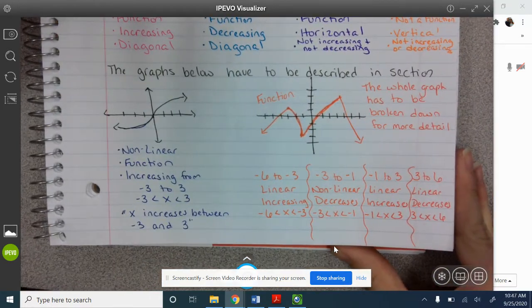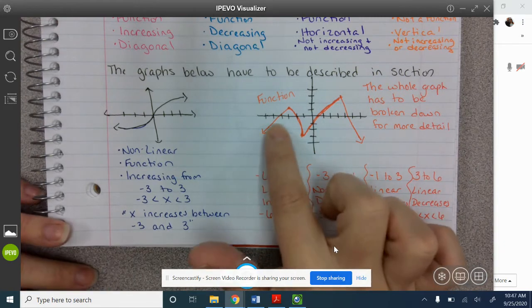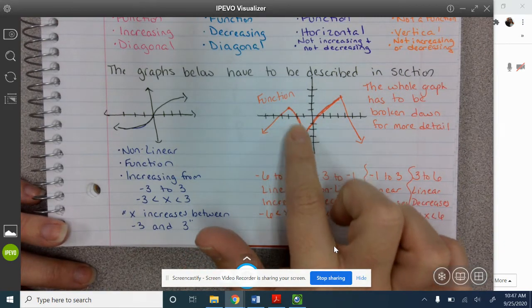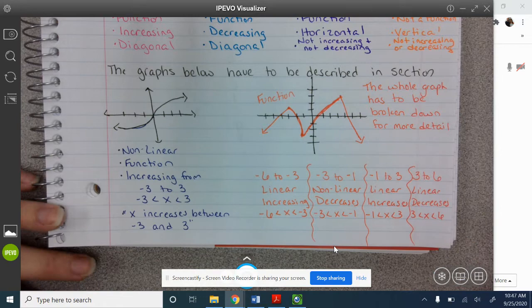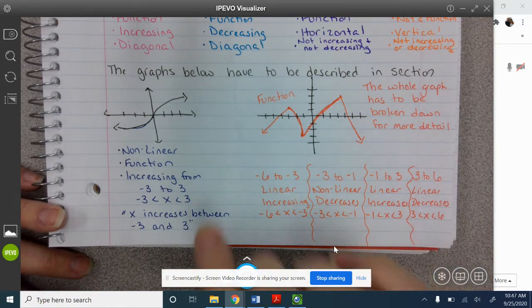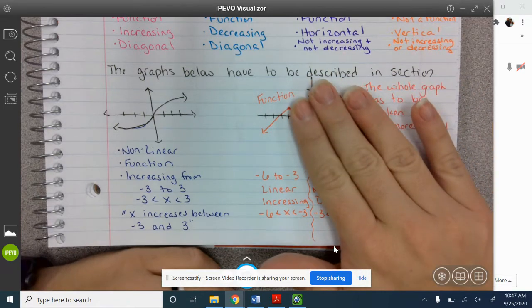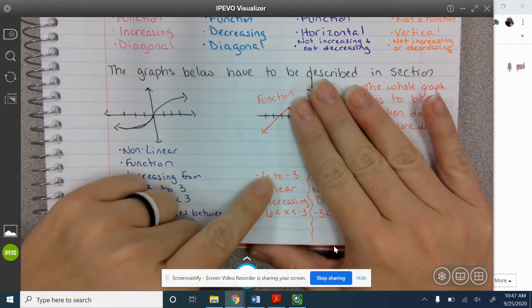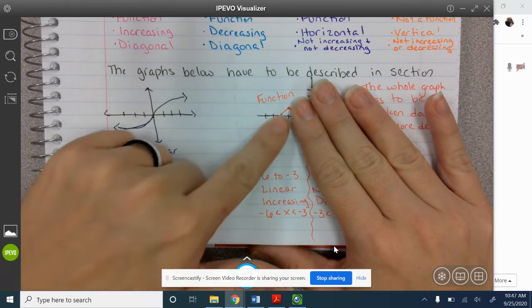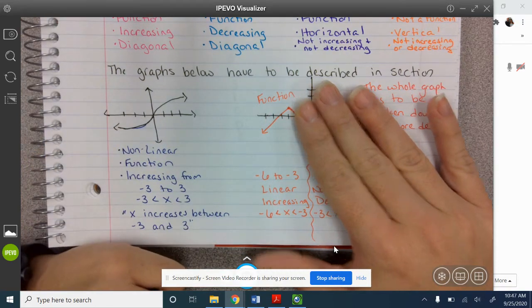That is not always the case. Sometimes we get graphs that have straight lines, curved pieces, and they go all kinds of different ways. So to be able to explain this graph, you would look at this one section at a time. Well, between -6 and -3, it is linear, and it is increasing.